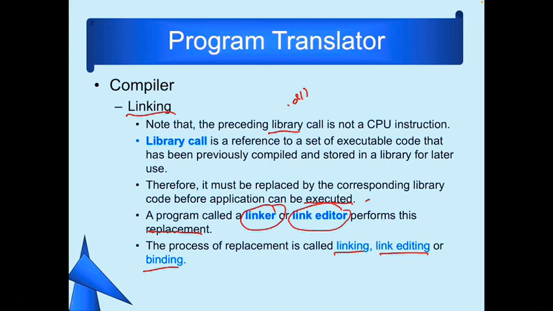When you are doing your program, it's not just compile, but the compiler also needs to find the library. This process of finding the library is called linking. We will discuss our last type of program translator, called the interpreter, after this.